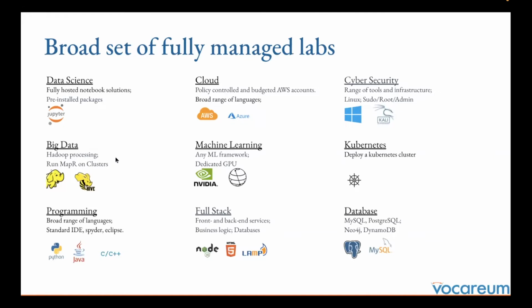We also support big data labs, which essentially means that you can launch Spark clusters and the learners can submit their jobs on these clusters. Machine learning labs are specifically for when you want to provide a GPU with a different machine learning framework.